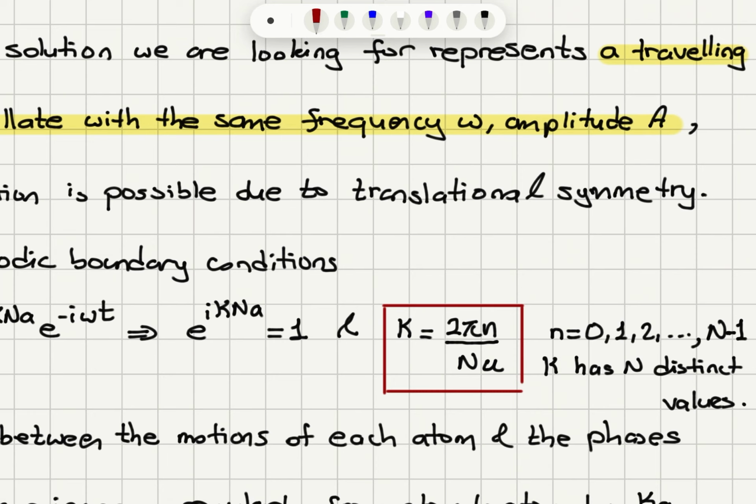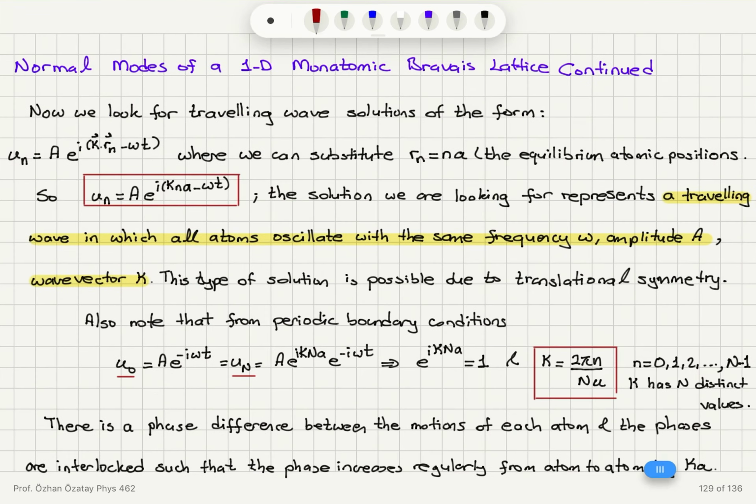So our wave vector magnitude is 2 pi n divided by capital N a. n is an integer. It takes values from 0 to capital N minus 1, so it has capital N distinct values. We're counting the atoms starting from 0 to the N minus 1 atom, and the capital N atom and the 0th atom are the same because we're using periodic boundary conditions. Okay, so this has some discrete values.